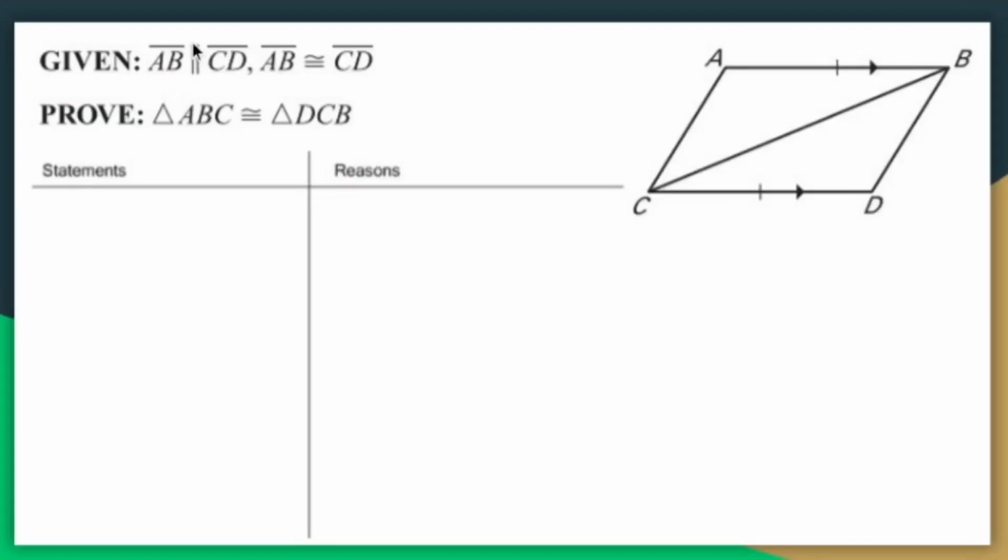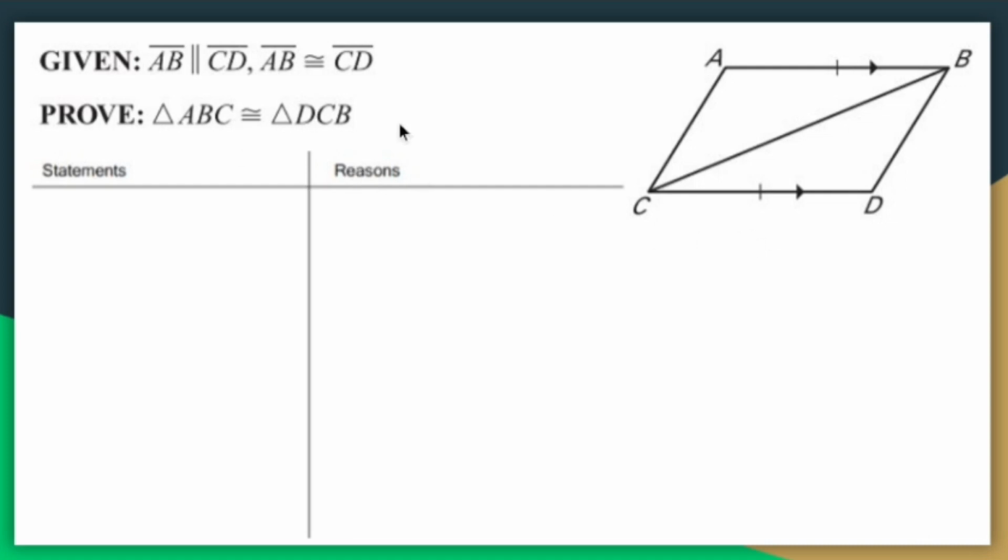Given AB is parallel to CD and AB is congruent to CD, prove ABC is congruent to DCB. All right, I have two sides. That's all I'm given. So this is me doing a rough draft.